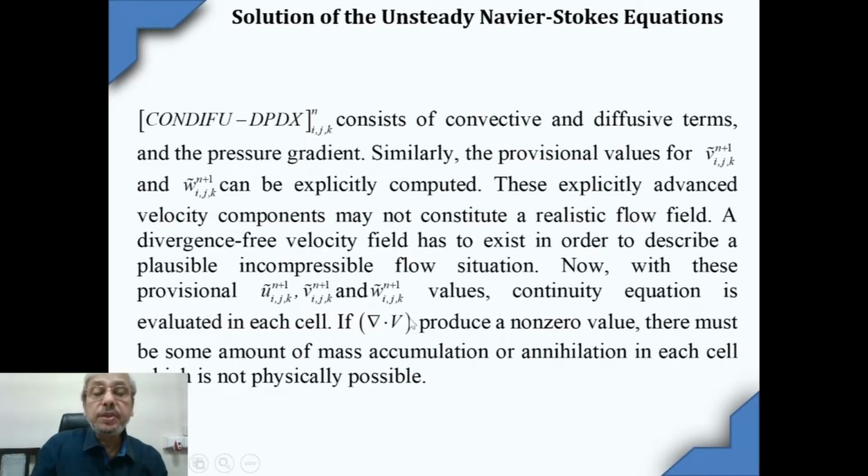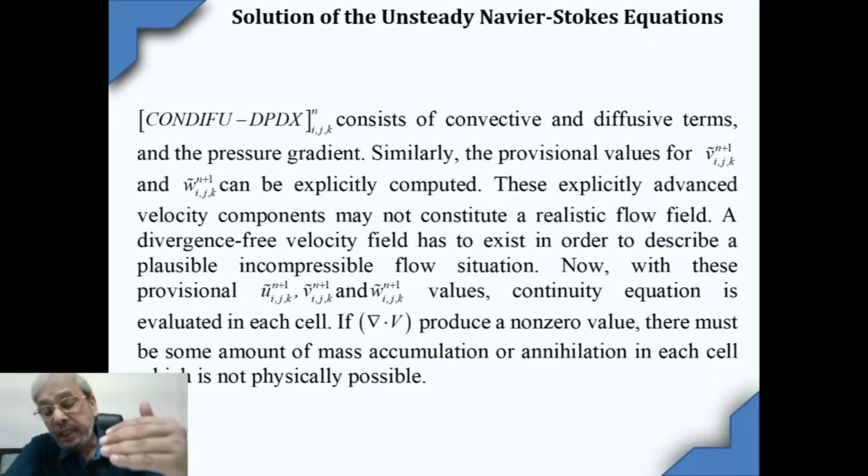So non-zero continuity means mass annihilation or mass accumulation, which is not possible. So we have to reach a situation when divergence of V equals 0, then only will these provisional velocities be the velocities at the level n plus 1.